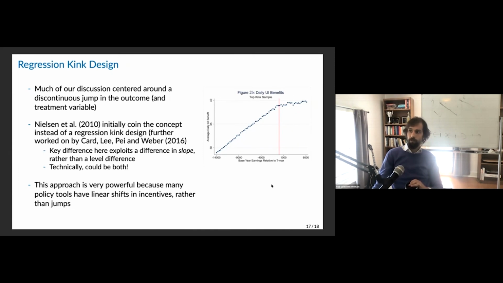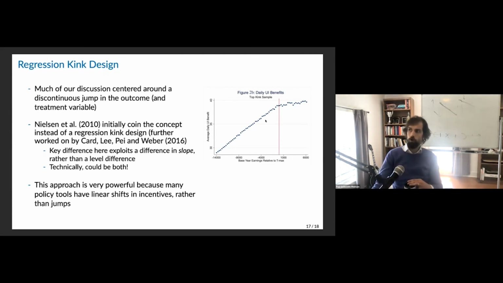This is an example from Norway, I believe, with UI benefits as a function of earnings, and there's a kink in the relationship at some cutoff.